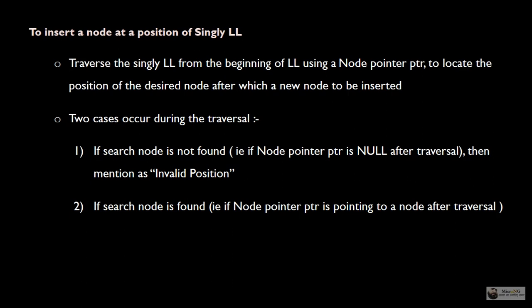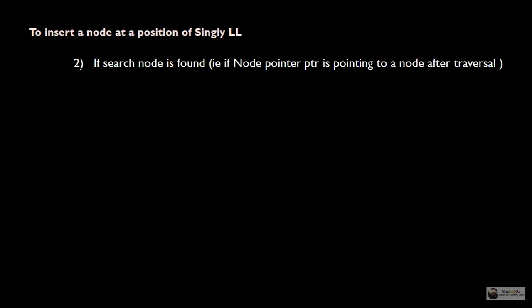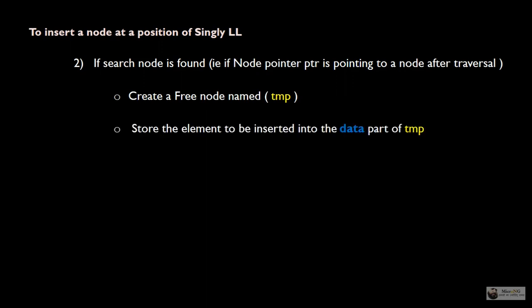So during the search, if we find the node we are searching for, the node pointer PTR will stop at a particular node. If it is stopping at a particular node, here we can insert a new temporary node. So first we create a free node named temp, and we keep the data into the data part of TMP. We store the element into the data part of TMP. Now we have to make the connections.